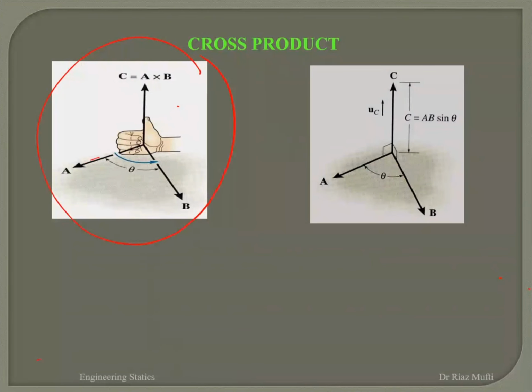So if this is my x-axis, this is my y-axis, then this is my z-axis. So C equals A cross B. I curl my fingers from A to B, that's from here to here, and C points upward. C is in the direction of Z. So as it says, I cross J equals K.